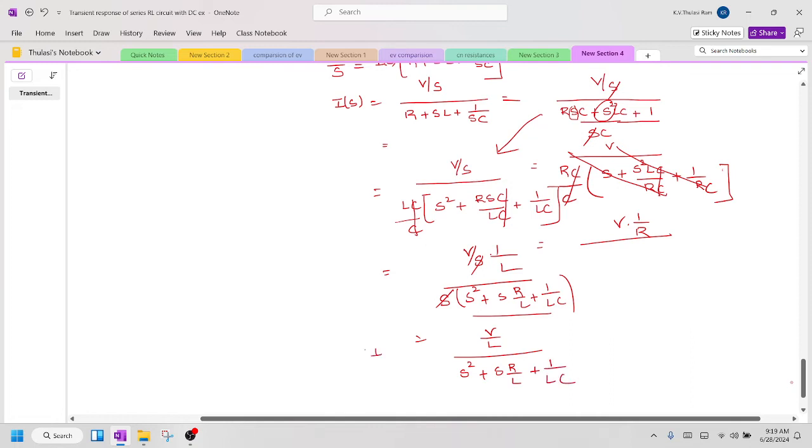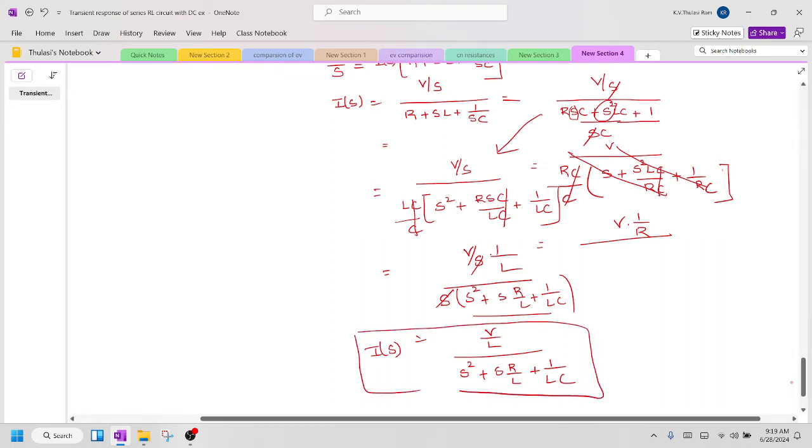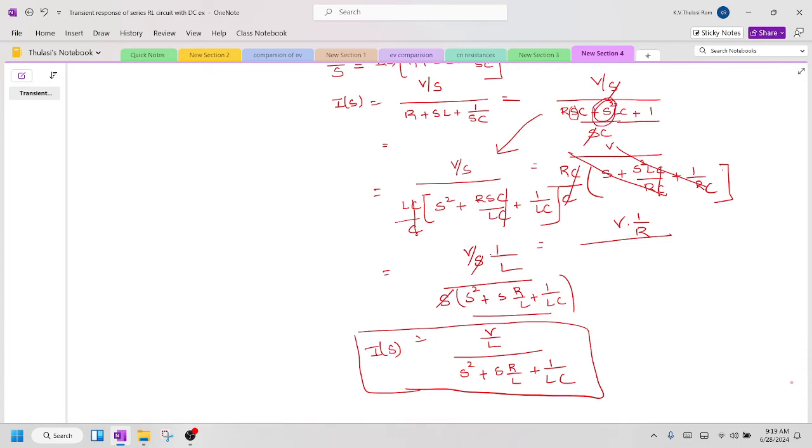This is the equation you have derived up to now. So don't get confused. Instead of making the coefficient of S as 1, better you make the coefficient of S square as 1, then it will get simplified more.